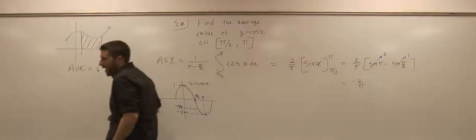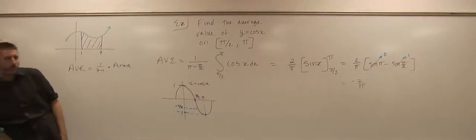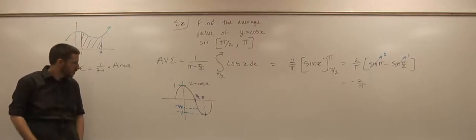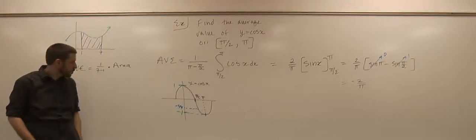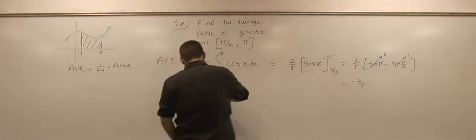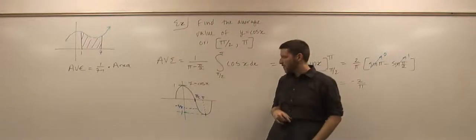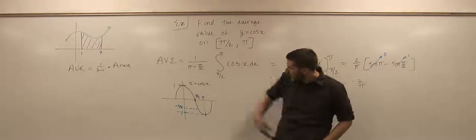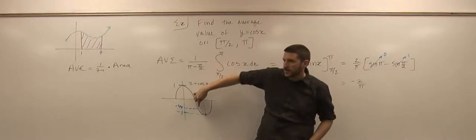Why isn't it negative 1/2? Wouldn't you think the average value should be negative 1/2? Why? Because it goes from 0 to negative 1, and the average of 0 and 1 would be 1/2. Yeah, it's going down really fast at first.